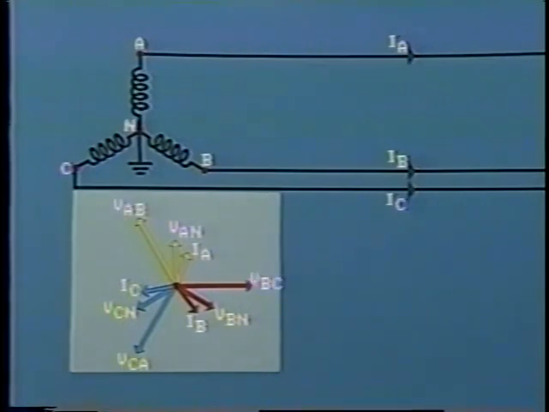Line-to-line voltages are also shown. Note that the voltage between lines A and B leads the phase voltage VAN by 30 degrees, and similarly with the other phases. This we already learned in a previous tape.